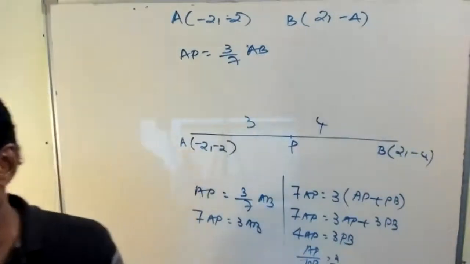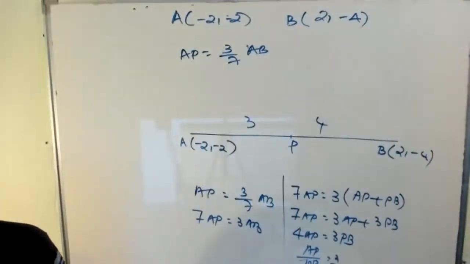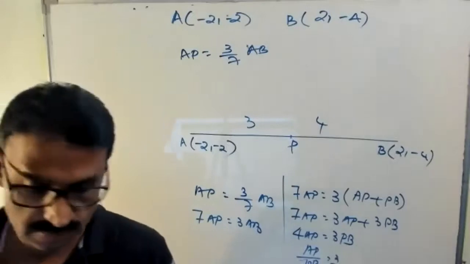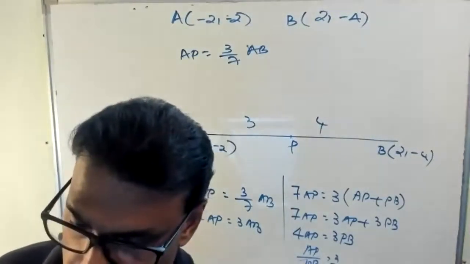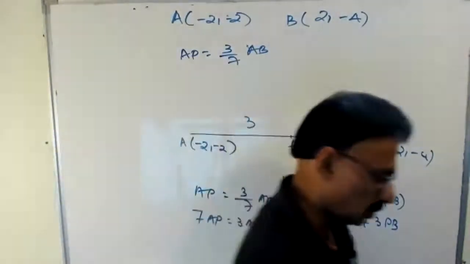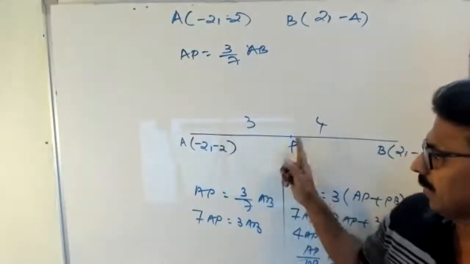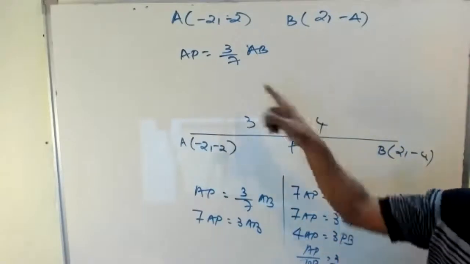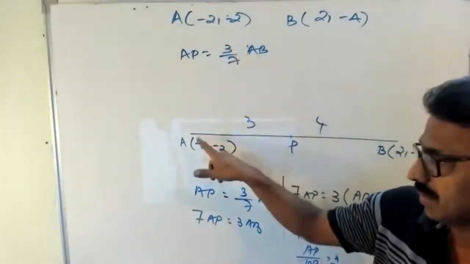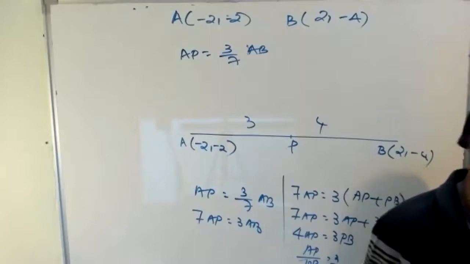Make sure you find AP is to PB. Don't take 3/7.